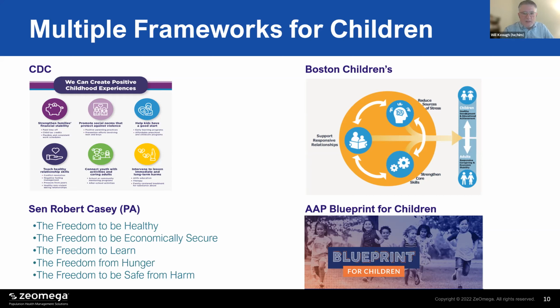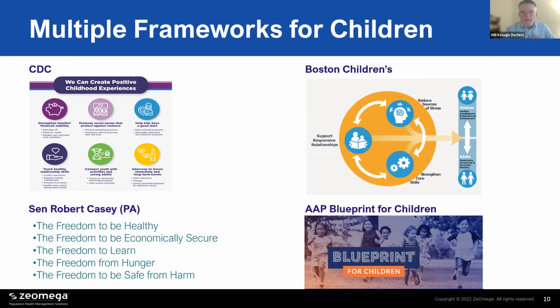Obviously, something I'm very passionate and involved with, the American Academy of Pediatrics, every couple of years publishes an update to its Blueprint for Children. They started this several cycles ago. AAP is a nonpartisan organization. It doesn't care which party you're in. It just asks that you pay attention to the needs of children.